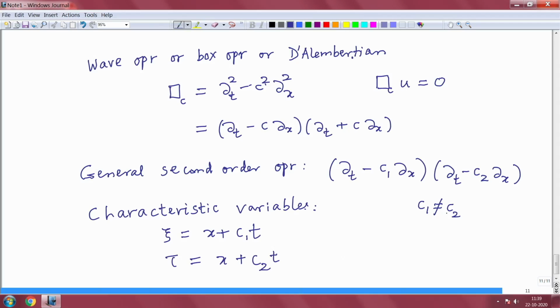Since we are assuming C1 is not equal to C2, this is again a non singular change of variables. So, that is important. Whenever you want to make a change of variables, first you have to verify that it is non singular. You can simply compute the Jacobian and verify yourself that it is non-zero, because C1 is different from C2.